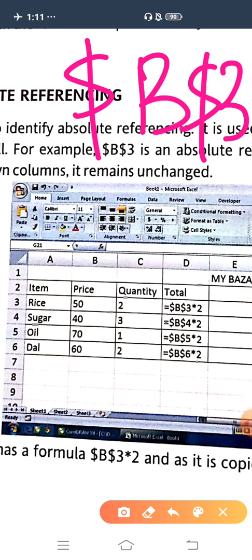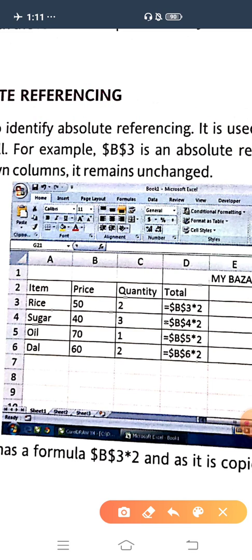After writing the formula in the first cell, again we have to place the cursor here. It will appear like this. We have to drag. When you drag with the mouse, you will see that the value remains unchanged. In the first cell the value will be 100, since 50 into 2 is 100. In all other cells also it will be 100, because in absolute referencing the value never changes.